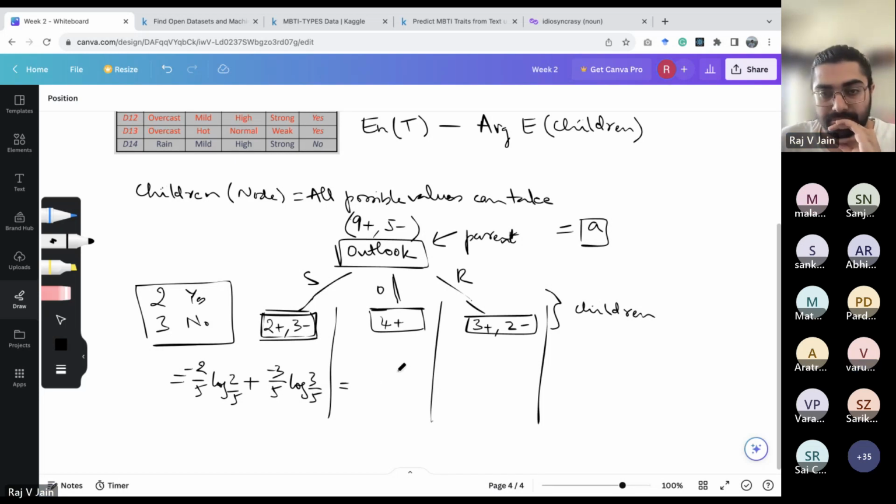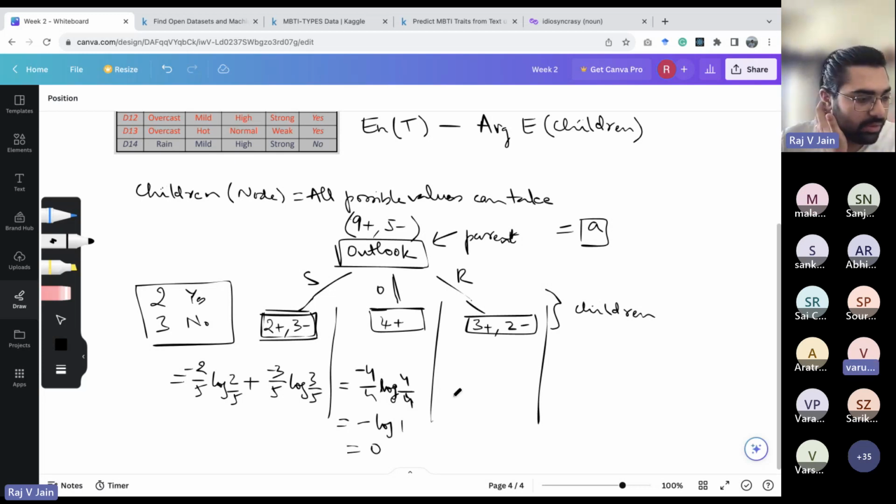Minus 4 by 4 log of 4 by 4. So this would turn out to be 0, because it's just minus log 1. Log 1 is 0, so this is 0. So no entropy here, right?